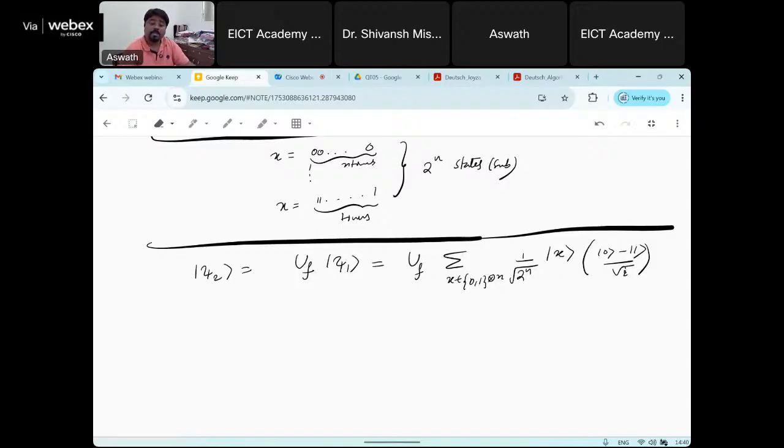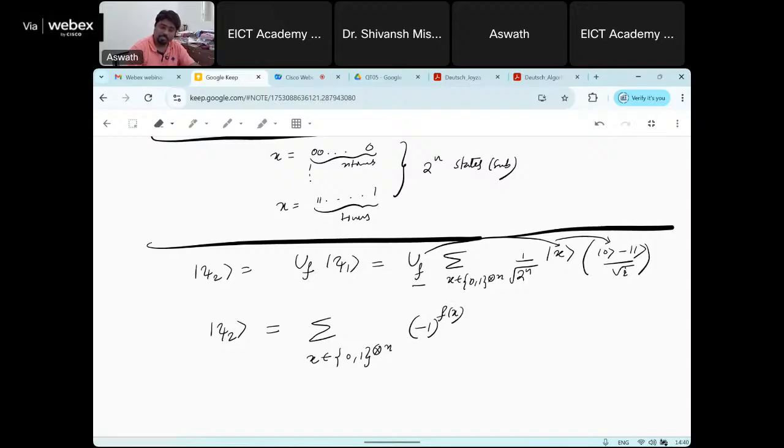If you remember correctly from last time, whenever I have such an input for the unitary function, the output would look like the same summation over {0,1} tensor n, minus 1 to the power of f of x.